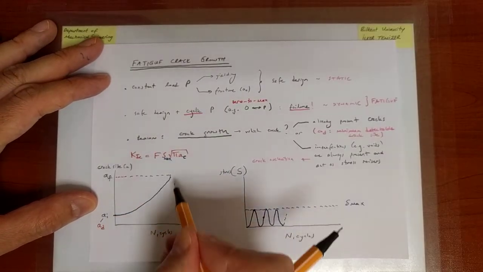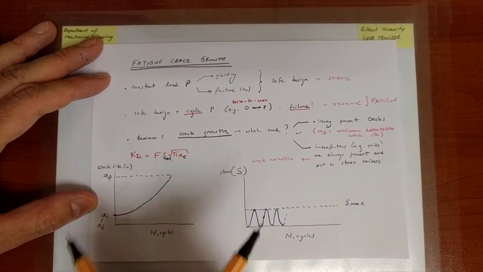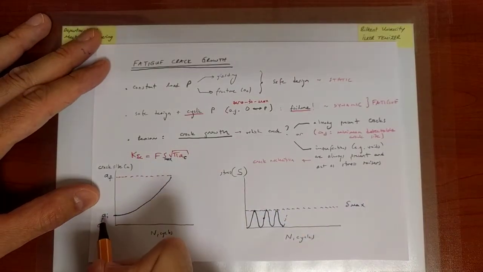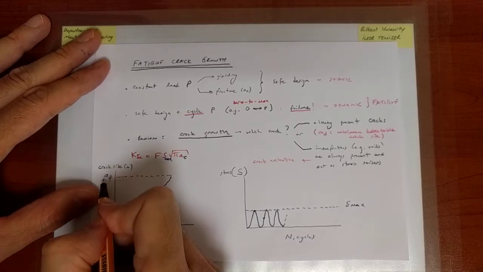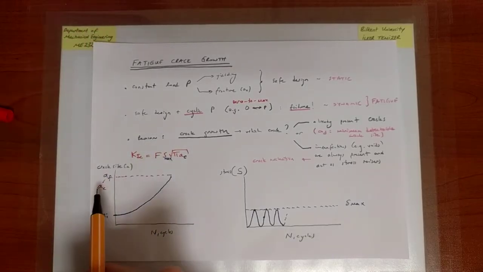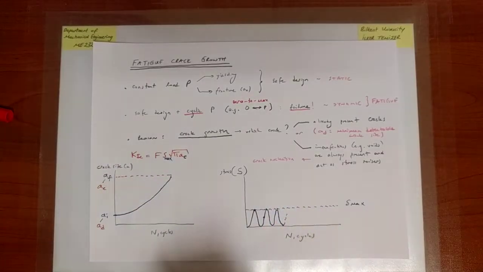I'm interested in how many cycles it will take, for instance, for the crack to grow from 1 micrometer to 5 micrometers, okay? Or I might be interested in the number of cycles it will take for the crack to grow from the minimum detectable crack size to the value of the critical crack size, AC. So AI, AF are quantities that you eventually pick according to your concerns.